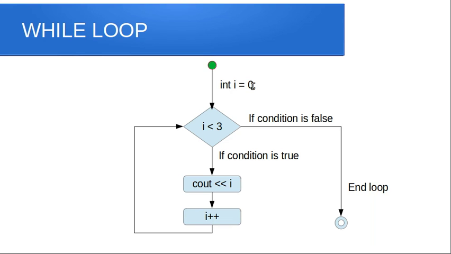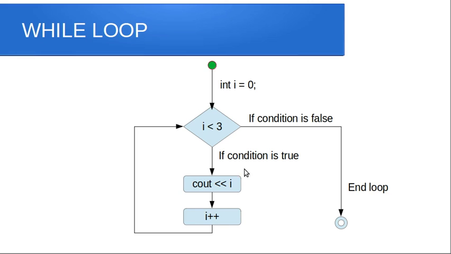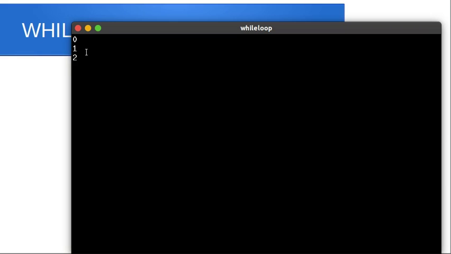So let's go back to this diagram. i is 0 on the first iteration. 0 is less than 3, so we printed out 0, right? And then we incremented i to become 1. So is 1 less than 3? Yes, so we move down here and printed out 1, which we got on the second line.